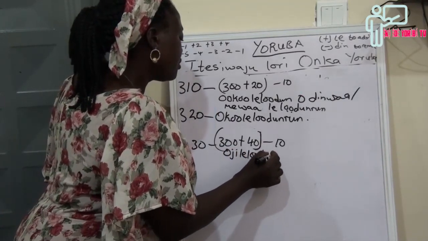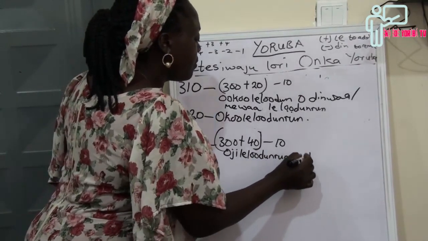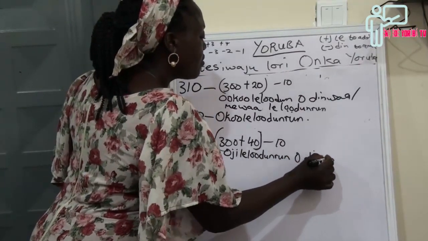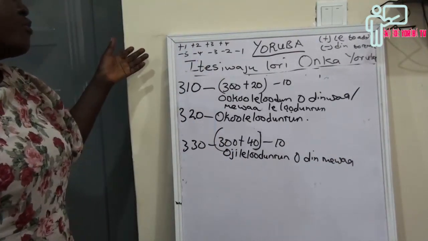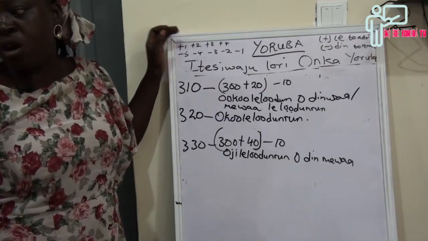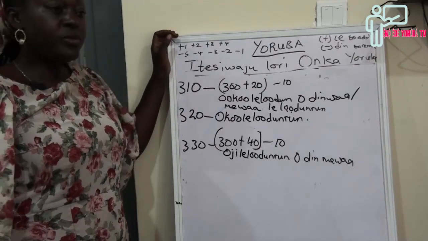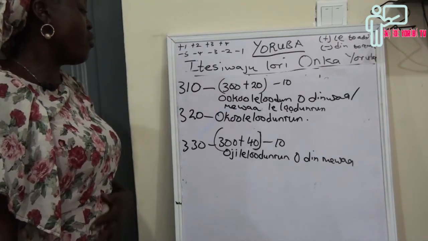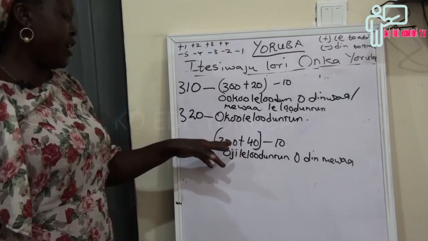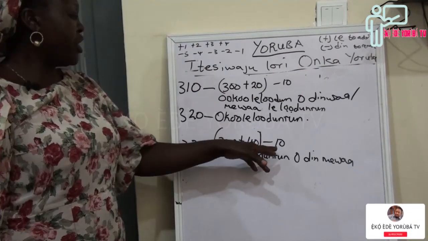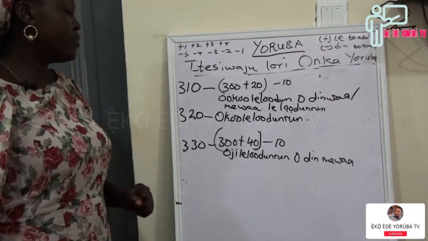Òjìlélọ́ọ̀ọ́dúnrún ó dín mẹ́wàá. Can you see that it's different from the one we have been teaching from 1 to 100? So òjìlélọ́ọ̀ọ́dúnrún ó dín mẹ́wàá.